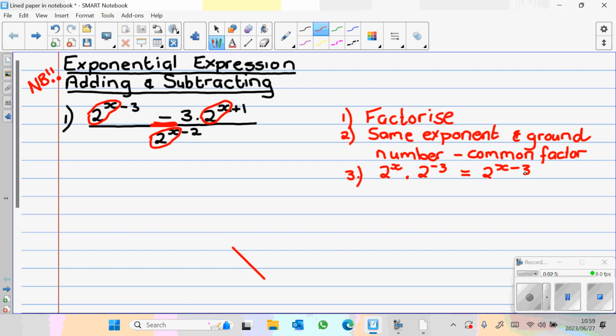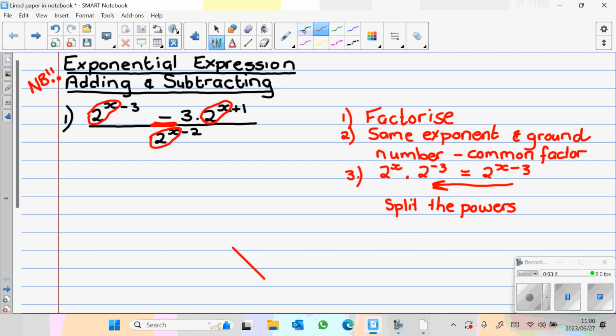If the ground numbers are exactly the same and they are multiplied, then you add the exponents. Now, what we are going to do is work from this side to this side. So we're going to actually split the exponents, the powers.